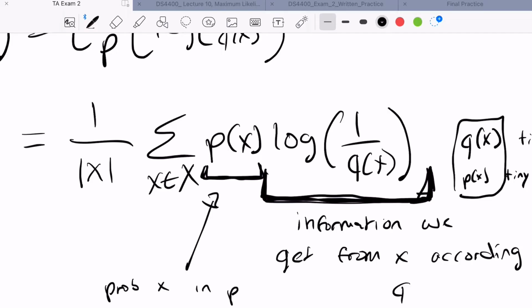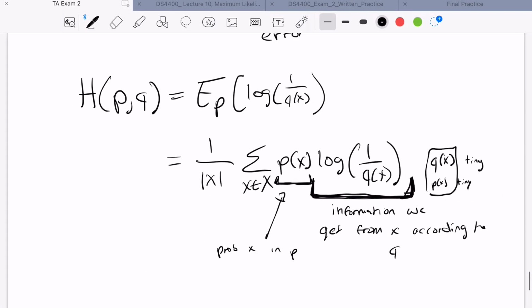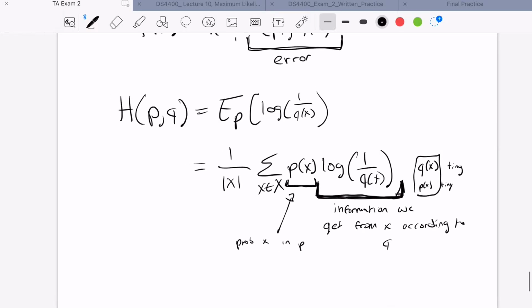So instead of adding a really big value, we're going to be adding a not so big value. With this in mind, we can think of cross entropy as trying to determine how much these two distributions agree.